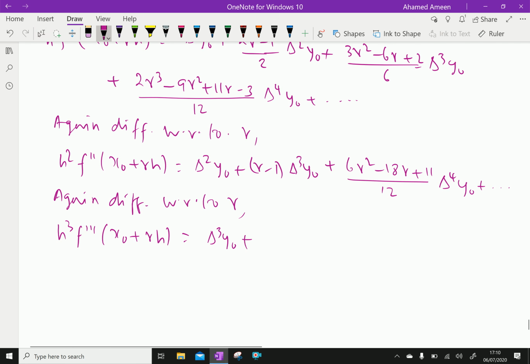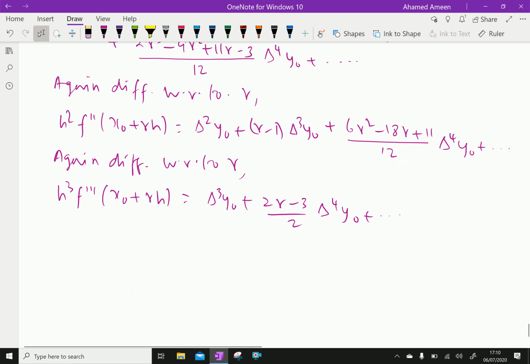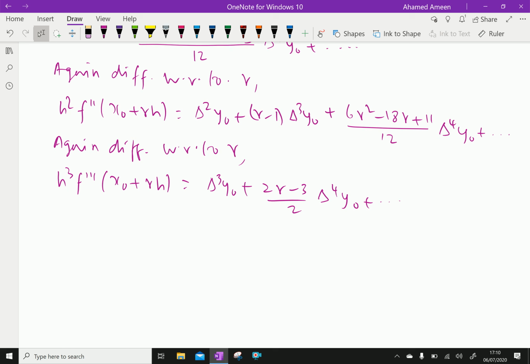Plus here the derivative is 12r minus 18 over 12, divided by 6, which gives 2r minus 3 over 2 delta power 4 y0, then it continues with more terms. Here these are the first derivative, second derivative and third derivative. We can find further derivatives if we need.